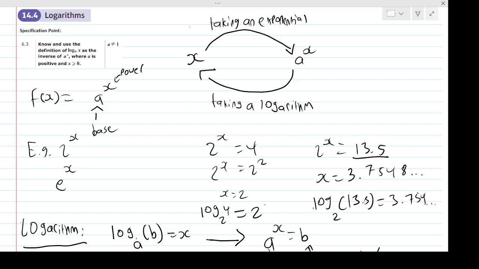So that is basically logarithms. I'm going to do loads of examples now, making sure you're very familiar with this logarithm notation. I'll write it up here: a logarithm is the inverse of exponentials.